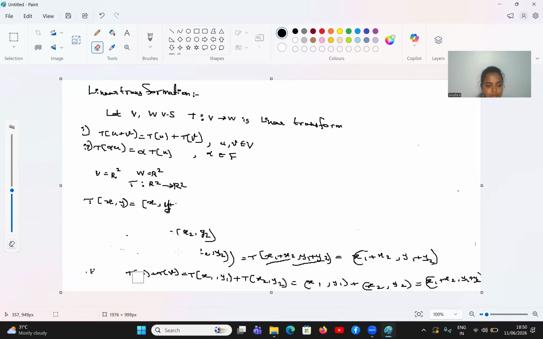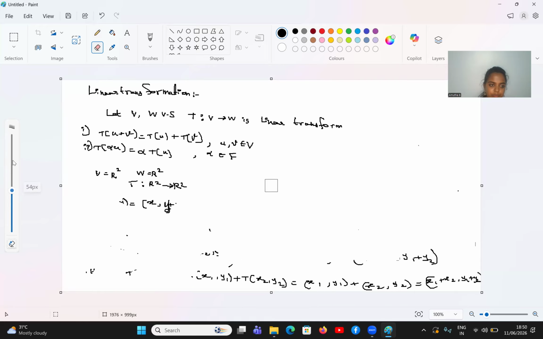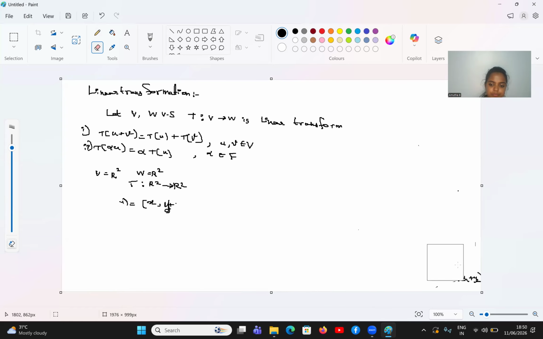Now the map is T of x comma y equal to x comma y.